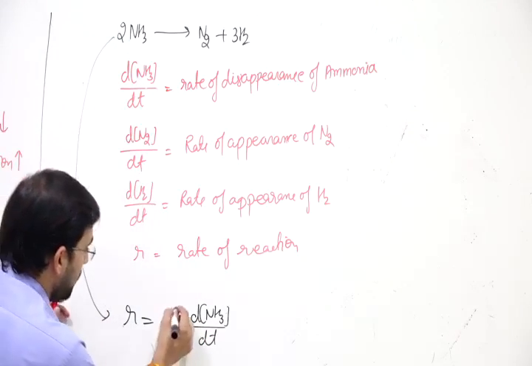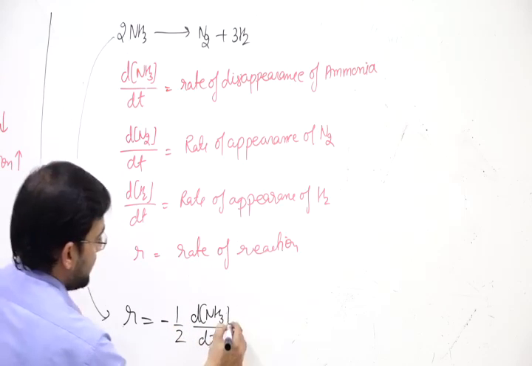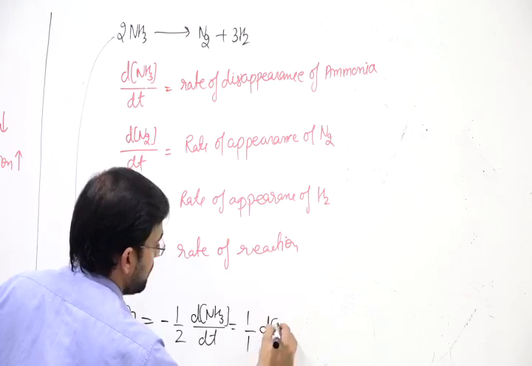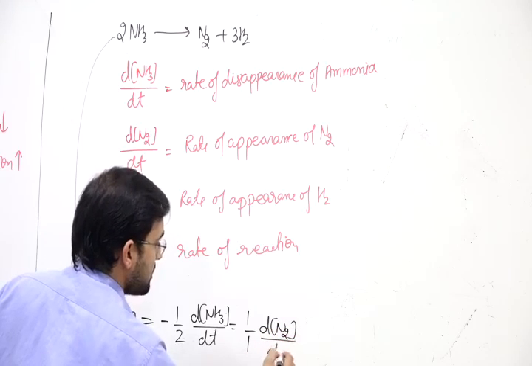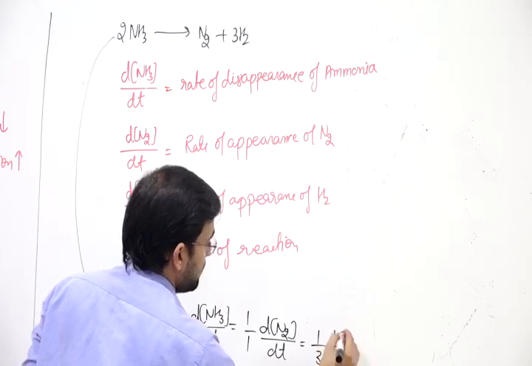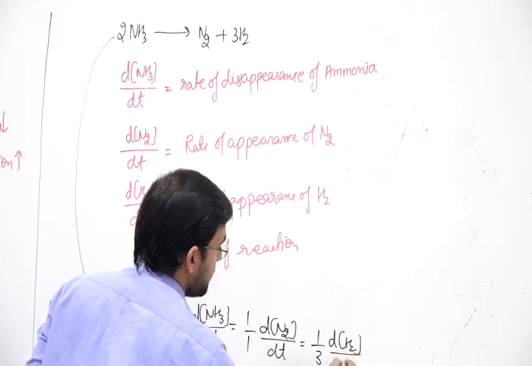That means R equals minus 1 by 2 d of NH3 by dt equals 1 by 1 d of N2 by dt equals 1 by 3 d of H2 by dt.